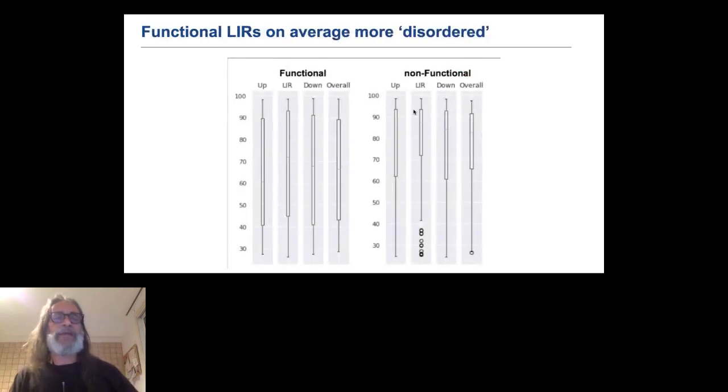What we see here is that when comparing the AlphaFold confidence value for the upstream, downstream, or the core motif region, for the functional and non-functional motifs, functional motifs tend to be unstructured in all three regions and overall across the whole region surrounding the motif. However, there is great variance both for the functional and non-functional motifs, and there's great overlap between these distributions.